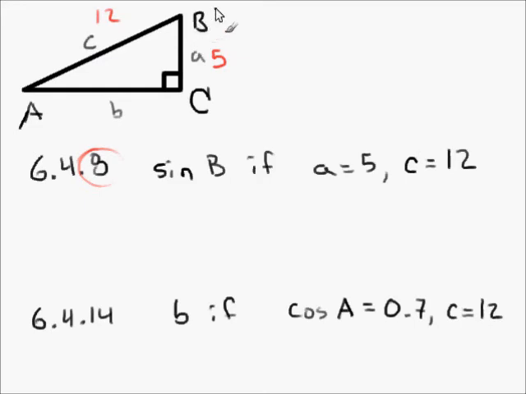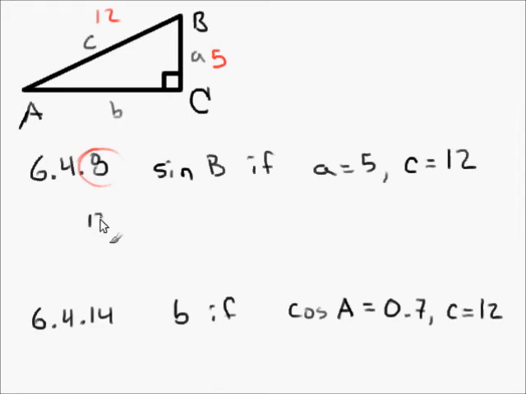Well, unfortunately, we need to know b over c. And this isn't the same Pythagorean triple as before. It's 5, 12, 13. 13 has to be the hypotenuse. Here 12 is the hypotenuse. So we're going to have to do a little bit of Pythagorean theorem.